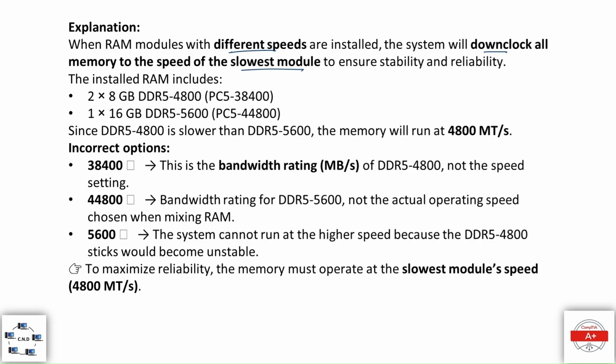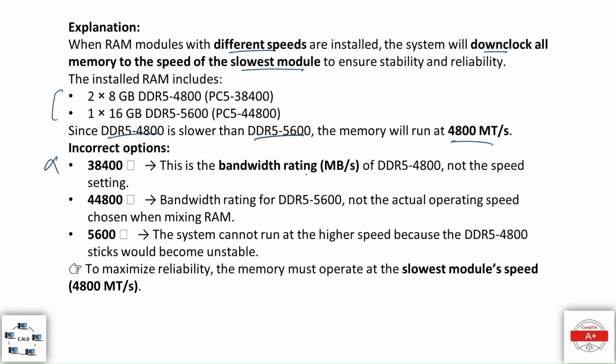So the installed RAM includes 2 x 8 GB DDR5-4800 and 1 x 16 GB DDR5-5600. Since DDR5 4800 is slower than DDR5 5600, the memory will run at 4800 MT/second.